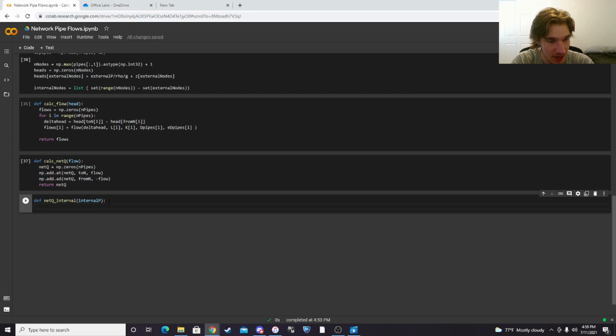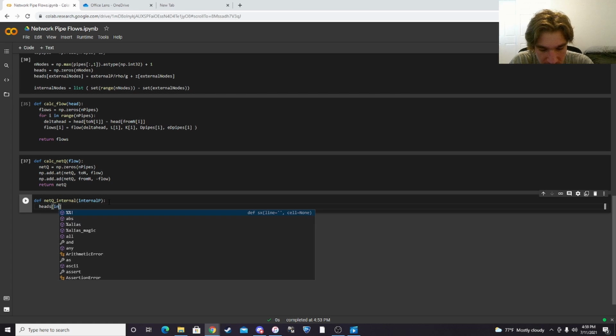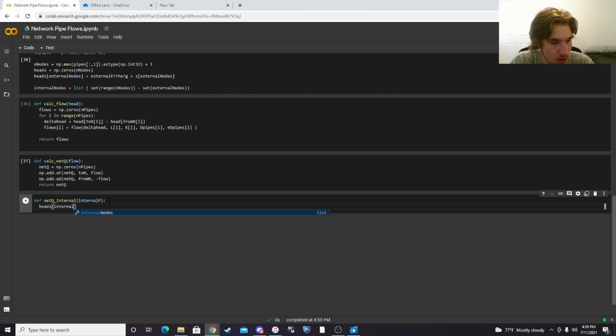So once we have that, we're going to want to do the head. Let's see. The heads of the internal nodes is going to be equal to the internal P divided by rho divided by G plus Z of the internal nodes.